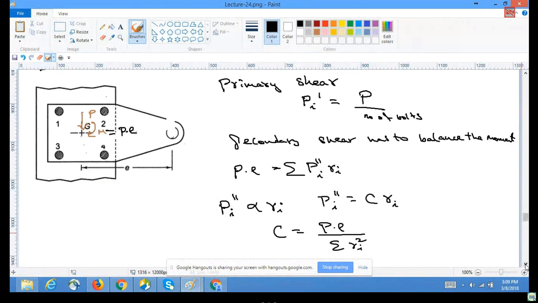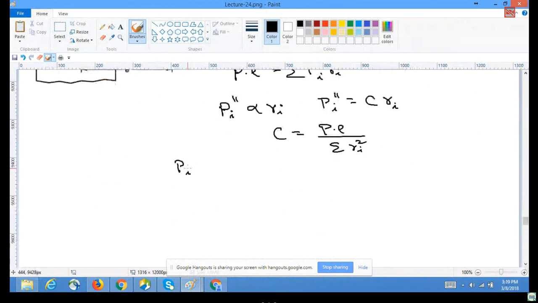So our Pi double dash is given as P into E over summation Rj whole square, with the sum over all the bolts, times Ri.